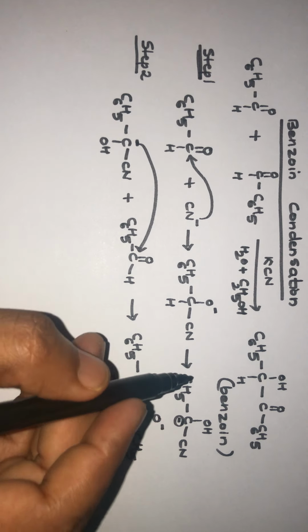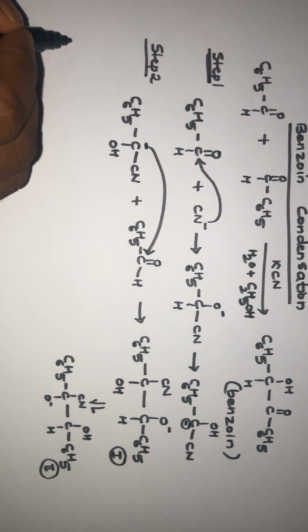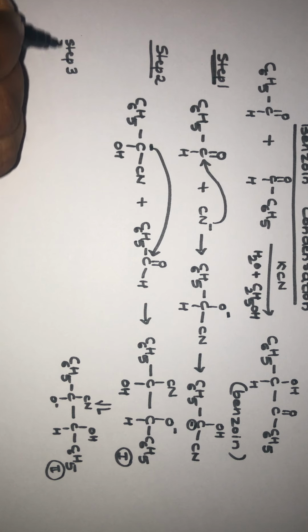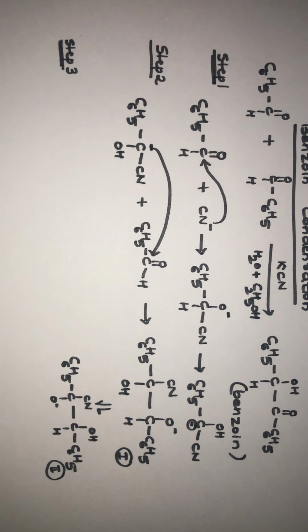Now step 3 will be loss of the cyanide ion and the formation of benzoin. The cyanide ion is a good nucleophile as well as a good leaving group.